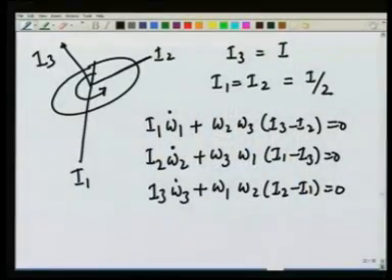Let me give the disc a spin about axis 3 and maybe a little bit of spin about 1 and 2 and see what happens.